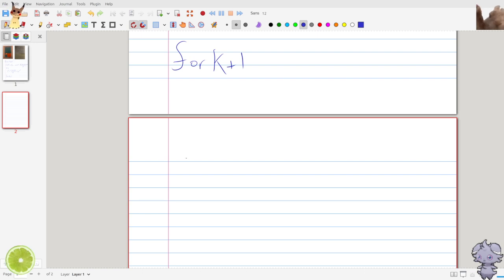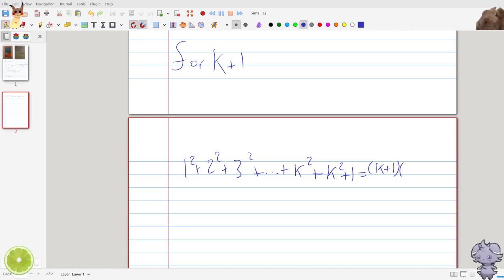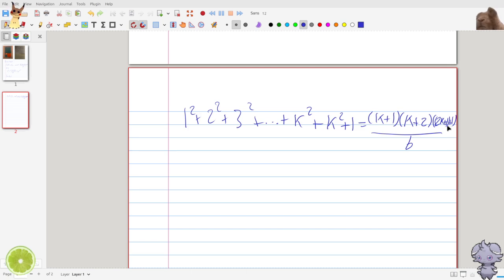It will be 1 squared plus 2 squared plus 3 squared plus ellipsis plus k squared plus k plus 1 squared, our next integer, which is equal to k plus 1, k plus 2, and 2k plus 3, all over 6. So we have to get the left side equal to the right side.